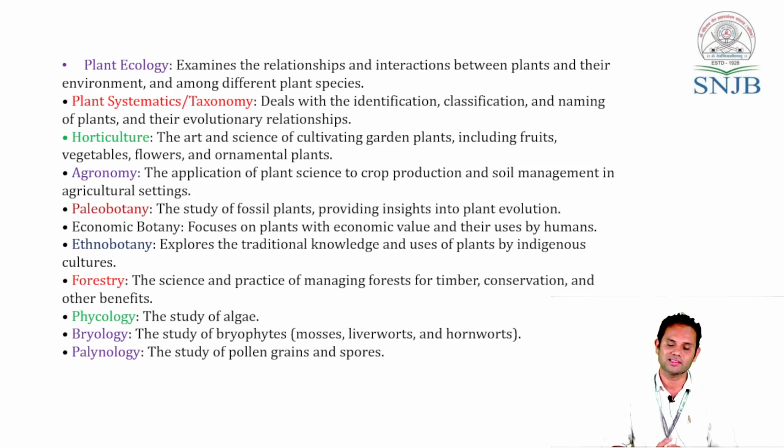For example, take the example of human beings. We have to rely on plants for our survival because we take oxygen from them, we take food from them. We can't live in isolation. We can't say that we don't need plants because they are there, therefore our existence is there.